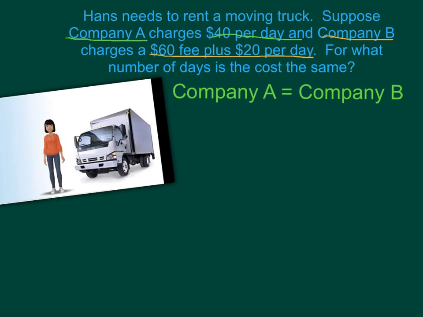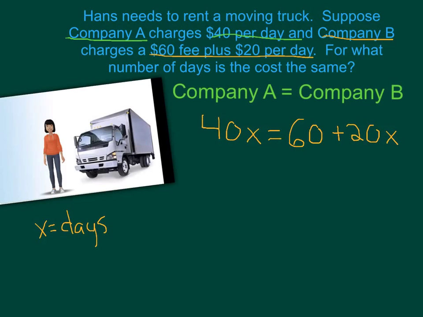Company A charges $40 per day, no matter what. And then Company B charges, they're going to charge $60 no matter what, but then after the $60, they only charge $20 per day. So just make sure you note that x represents the number of days that Hans will need the moving truck.